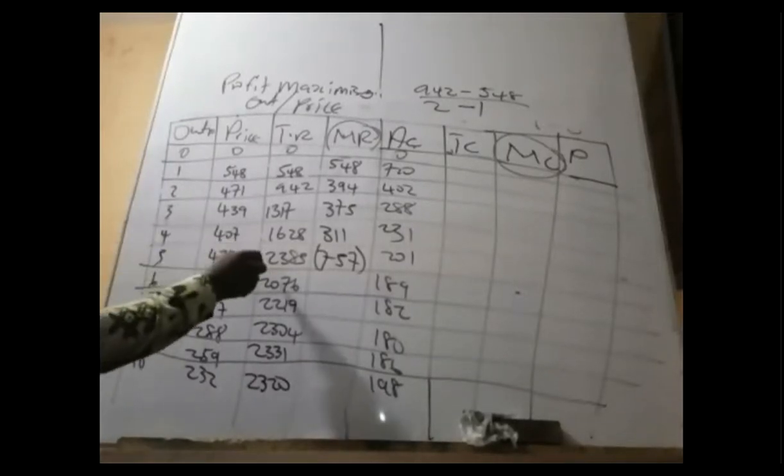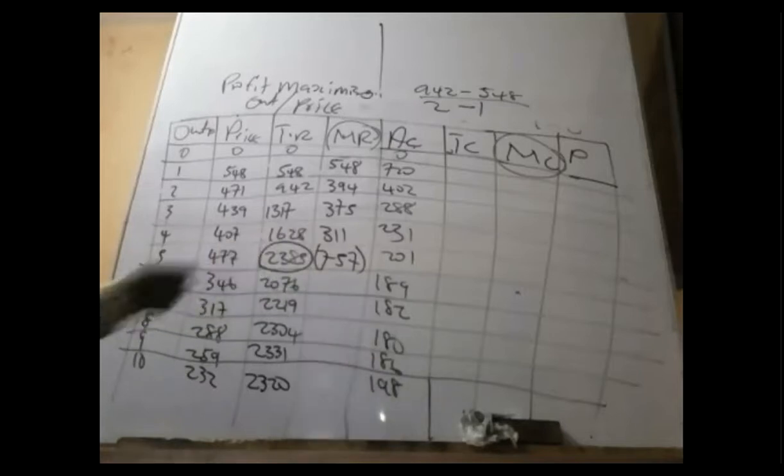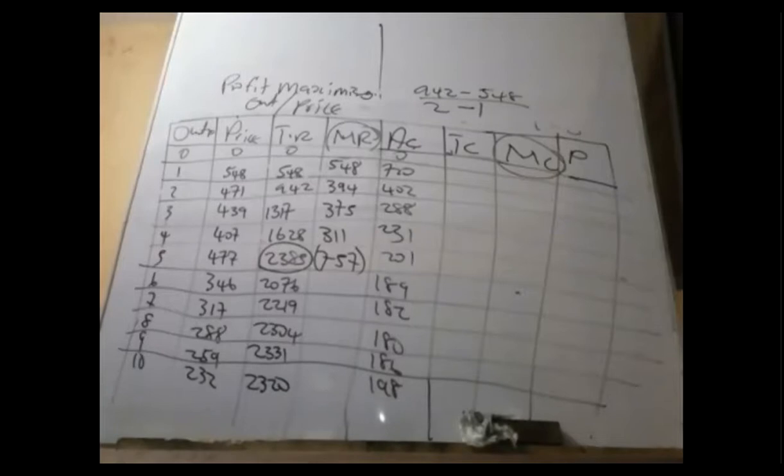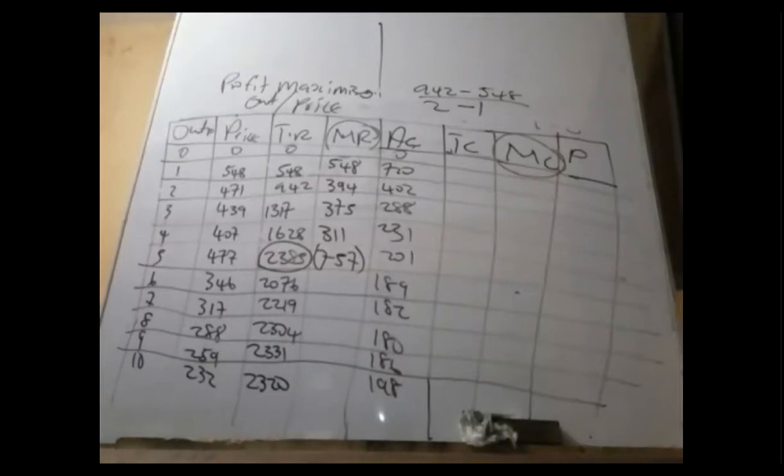Let's confirm this figure again. 5 times 477. What will be the answer? Let's confirm that. Okay, 2385, less the previous one, that's 1628.